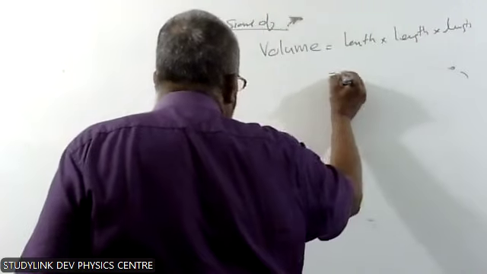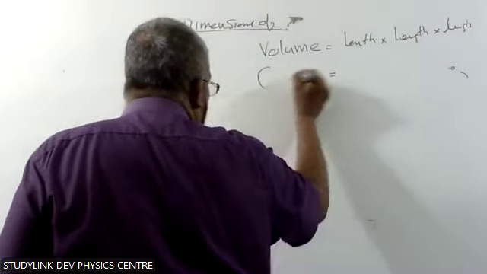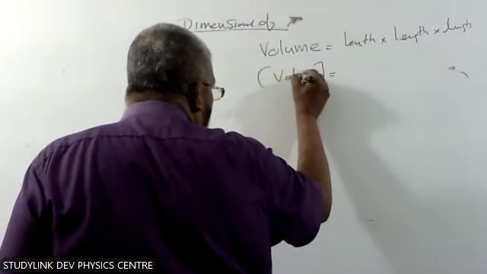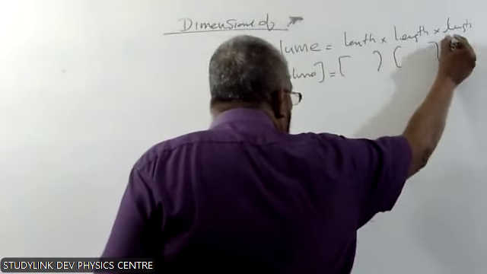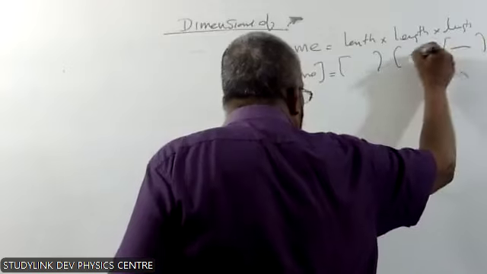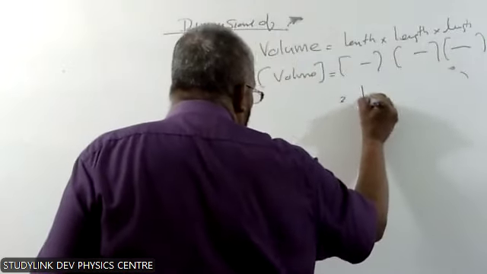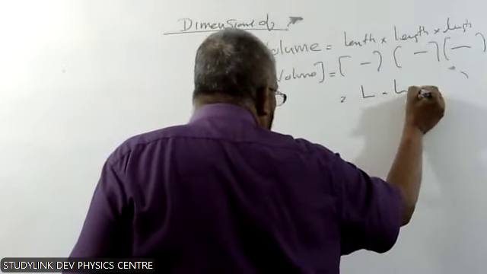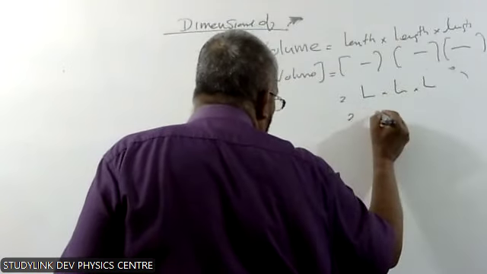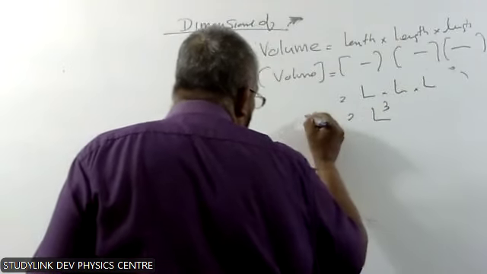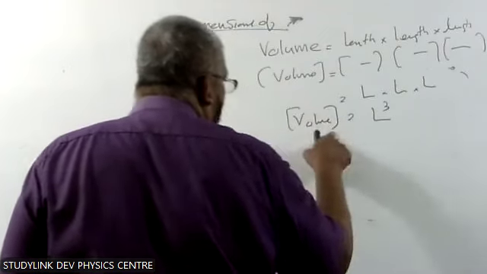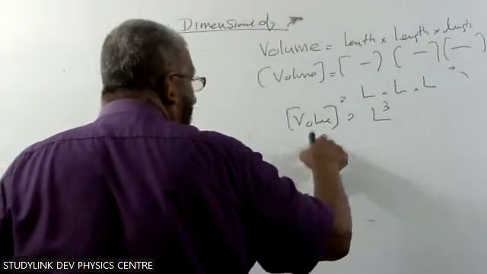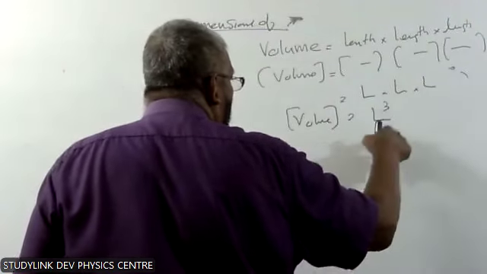So dimensions of volume is equal to dimensions of length, dimensions of length, dimensions of length. So this is L into L into L. So dimensions of volume is L cube.